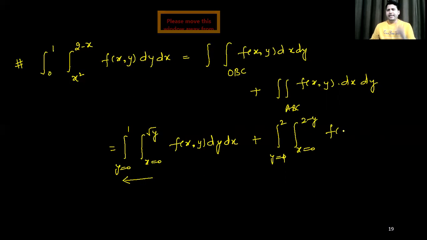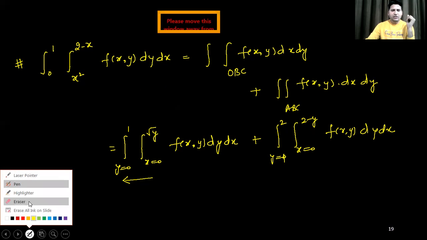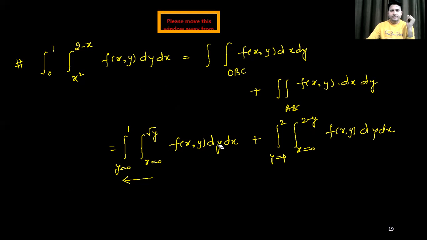Inside we are having function of x, y. You can see, it should be dx dy, not dy dx, because we have changed the order of the integral. So we should change it also. Yeah, it should be dx dy, students.